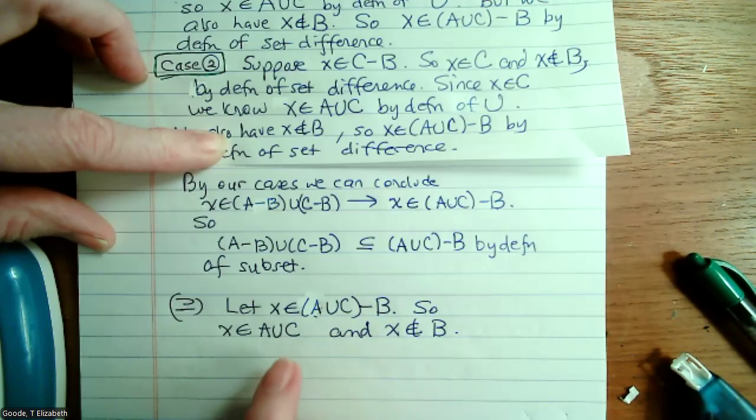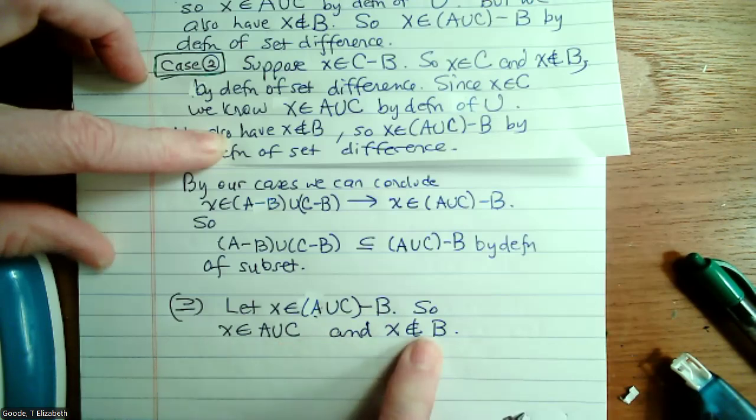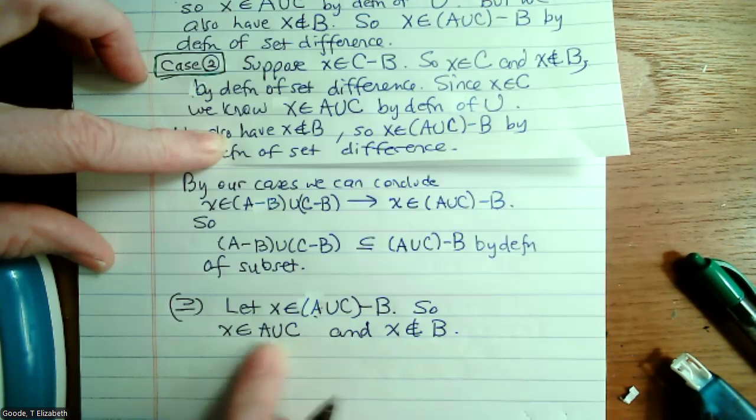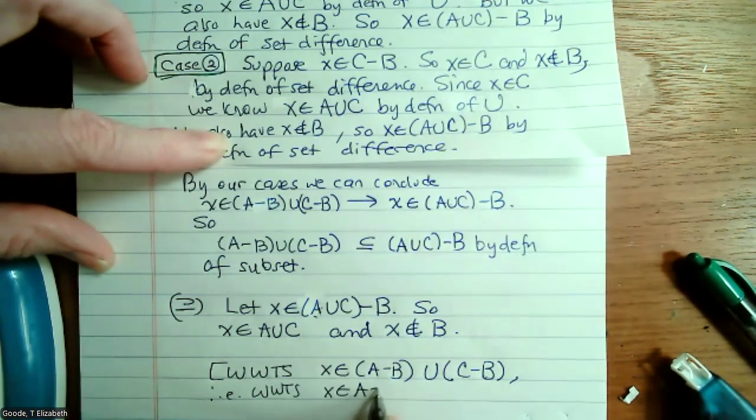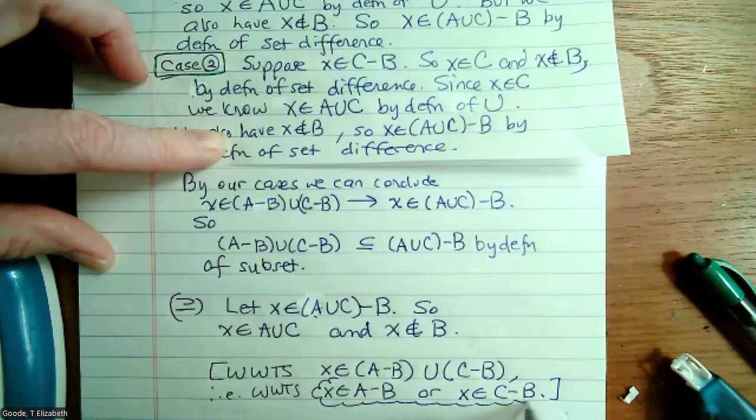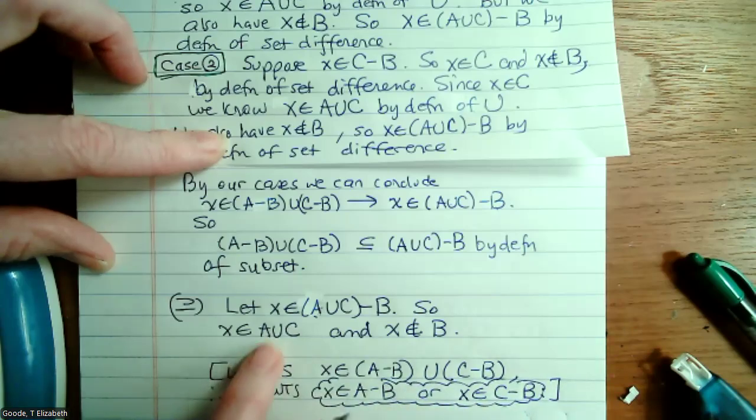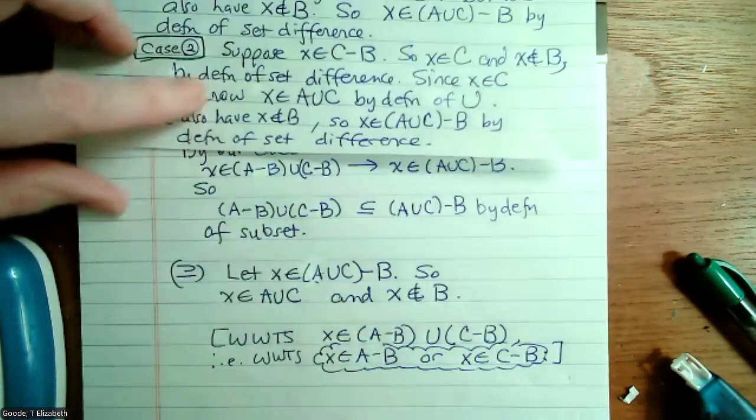We're going to need this hypothesis in both the cases that will arise because of this union. But whatever happens, we're going to wish to show X is in A minus B union C minus B. In other words, we're going to wish to show that X is in A minus B or X is in C minus B. That's our wish. So this is what we have to break down to get our two cases.